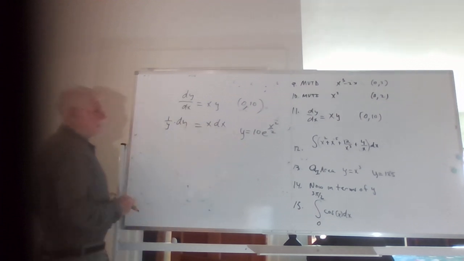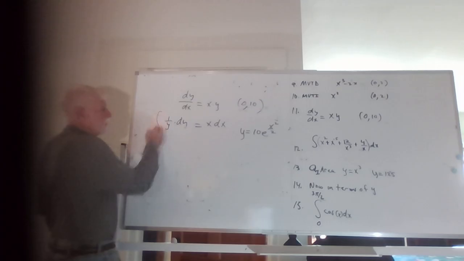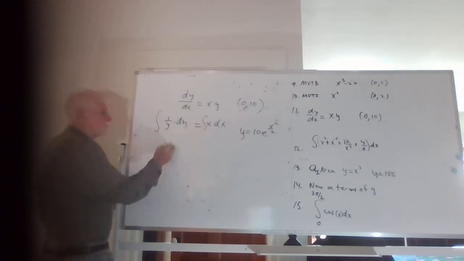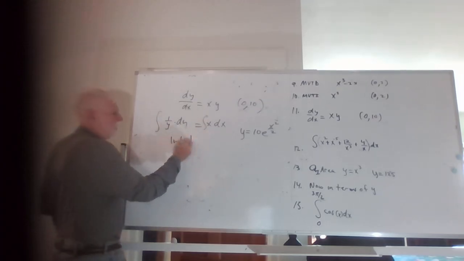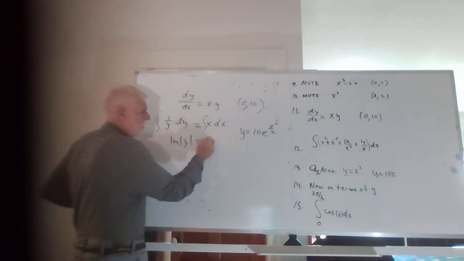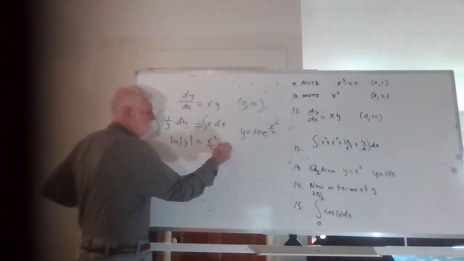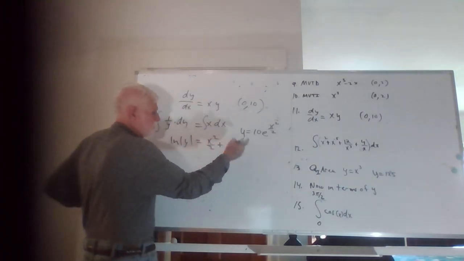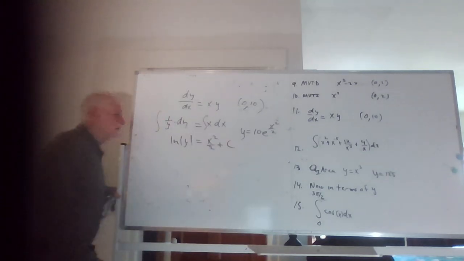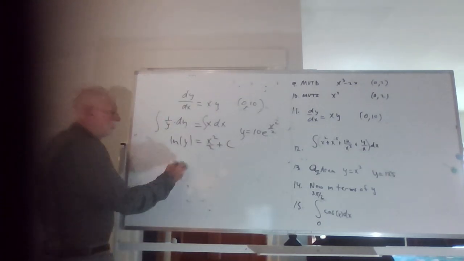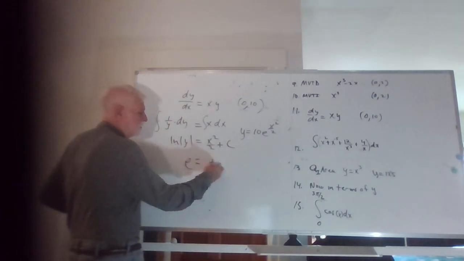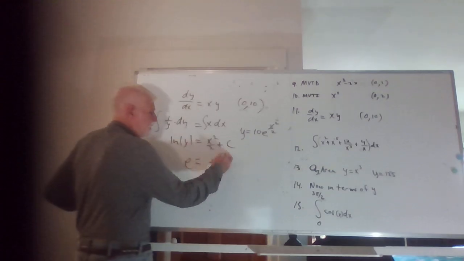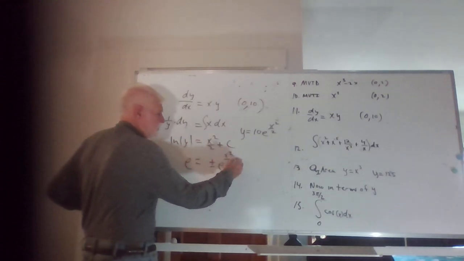Right. So if I integrate, and I integrate, I get the ln of the absolute value of y. Moving the c to the other side gets me x squared over 2 plus c1 added to c2, or taken away from c2 gives us c3. We'll just call it c. We'll do e to the, which gets you plus or minus e to the x squared over 2 plus c.